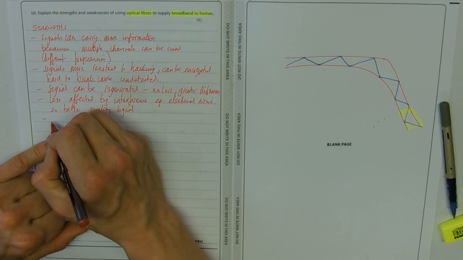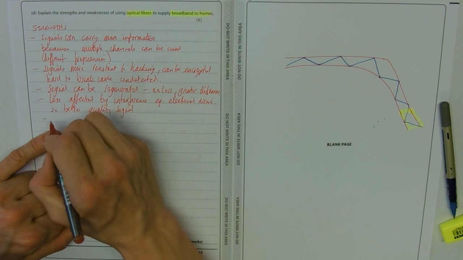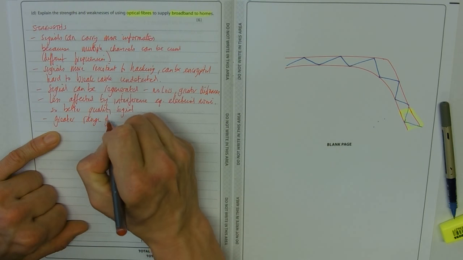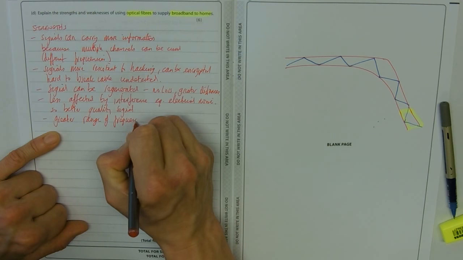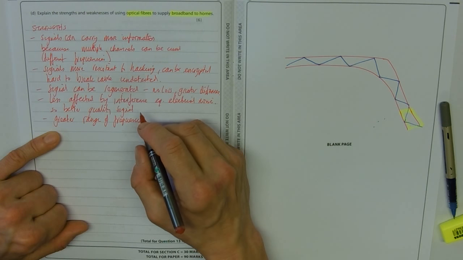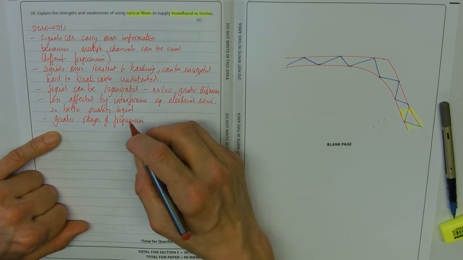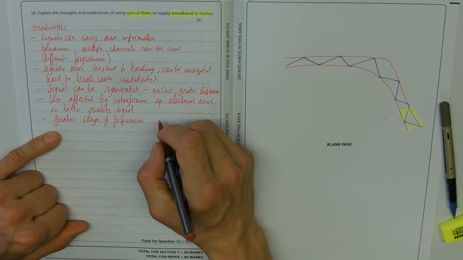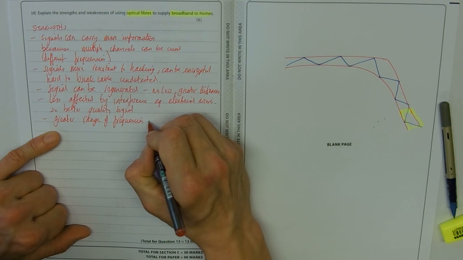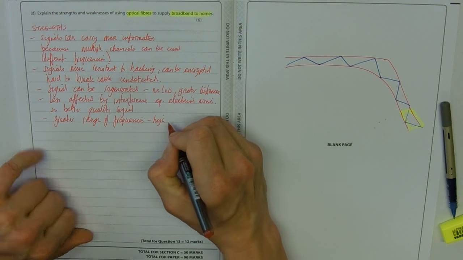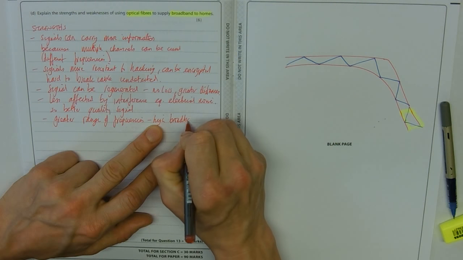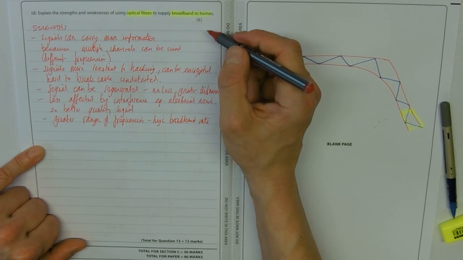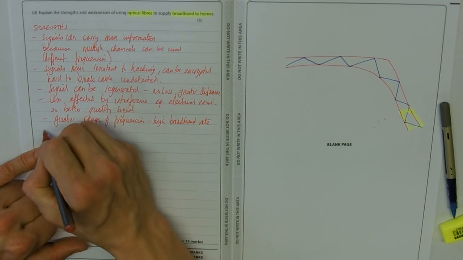You've got a good range of frequencies, so greater range of frequencies, so your broadband rate is higher. Remember, this is just for 6 marks, so any 6 of these will do.